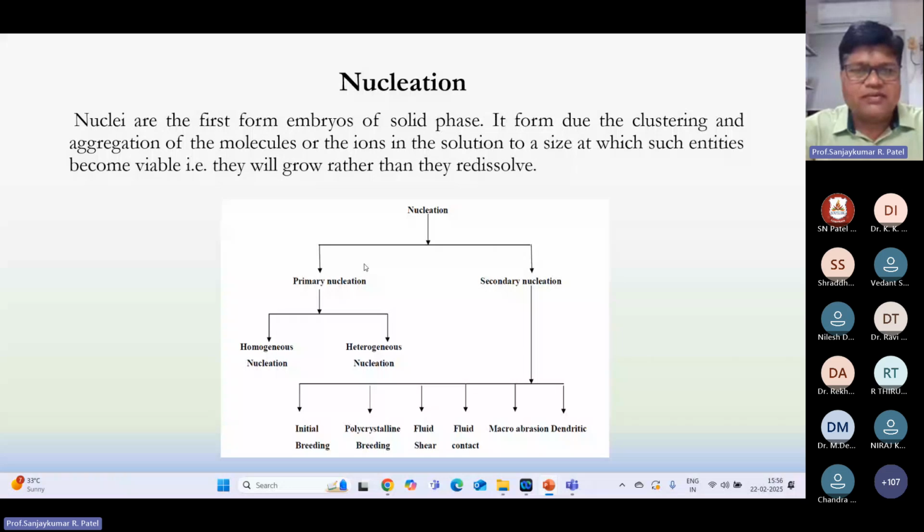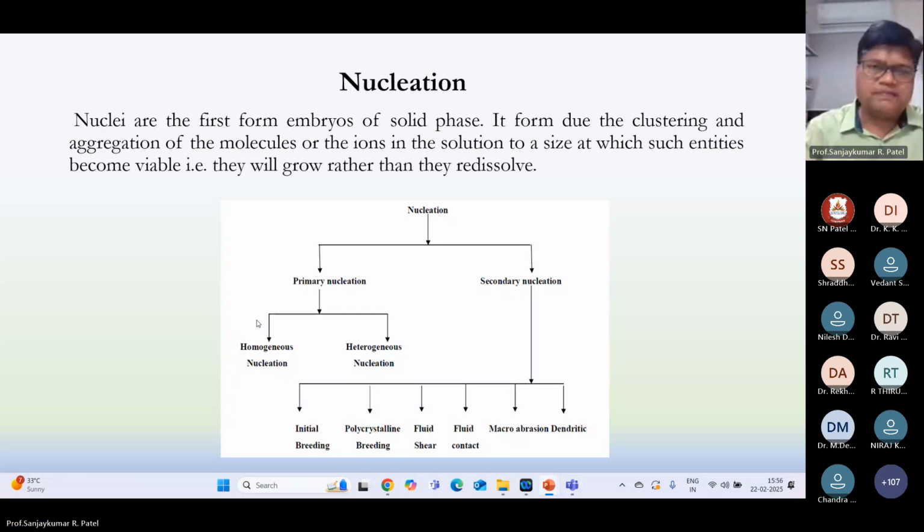But mostly we will be focusing on primary nucleation, because in the presence of growth of the crystal, other nuclei are also created. So this has to be controlled very well. If we can control this nucleation, we can control the size and also the shape of the crystals obtained after this process.